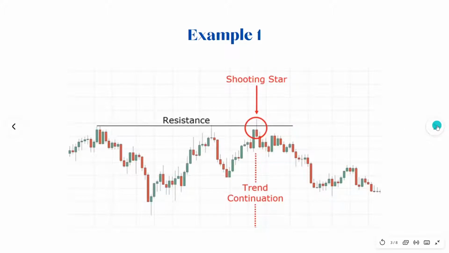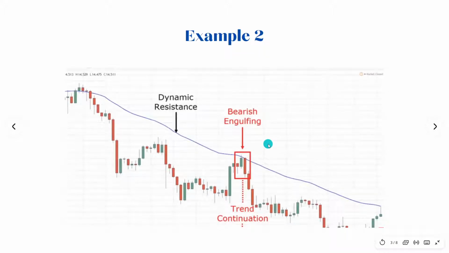Now we look into the next example. What are the TAE elements in this case? A question that we'll ask ourselves is: where is the trend? The trend is going down. It's a downtrend chart. The second question is: where is the area of value? We have this dynamic resistance.